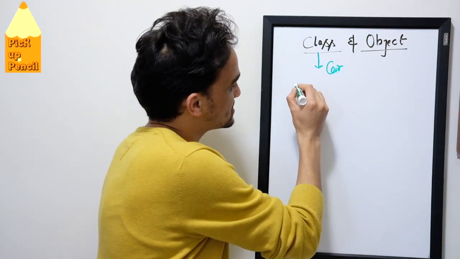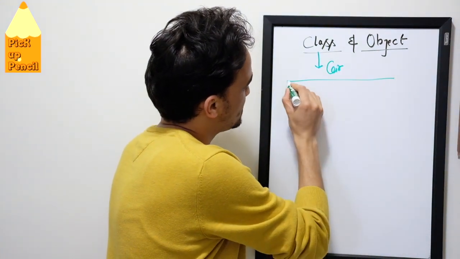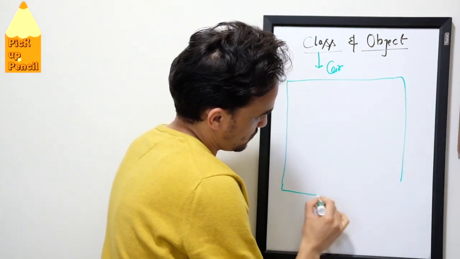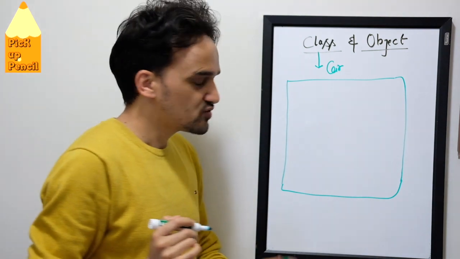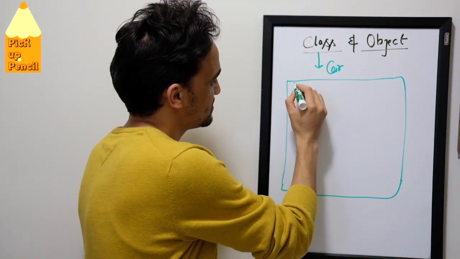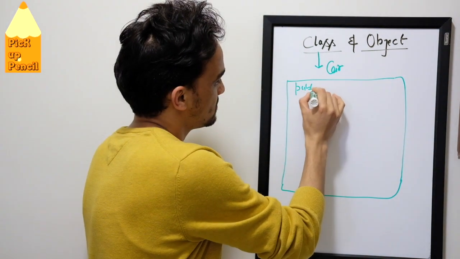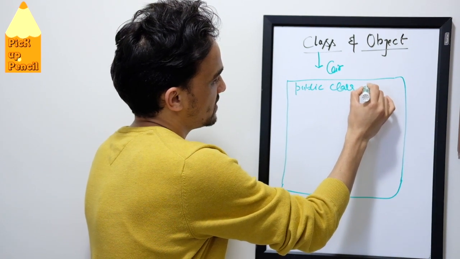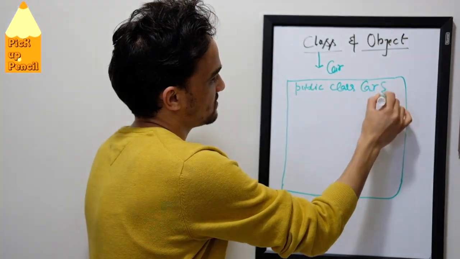So when we talk about building a car class over here, what does it have? First we will simply say public class Car.